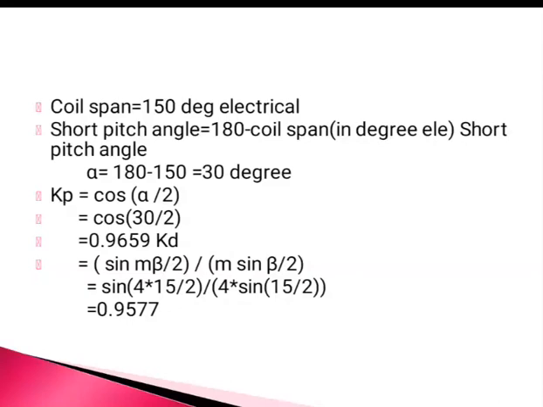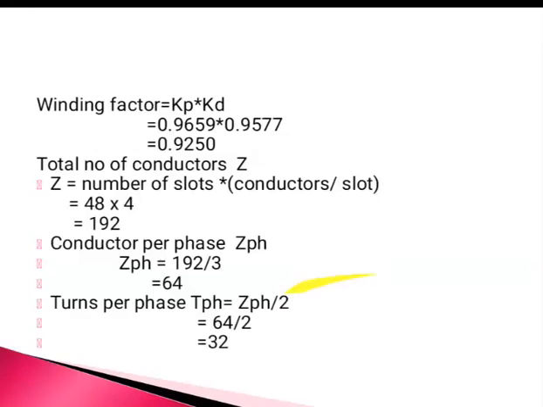Then Kd can be calculated as sin m beta by 2 divided by m sin beta by 2. Substituting the m value and beta, we got 0.9577. By substituting the Kp and Kd values in the winding factor, Kw is equal to Kp into Kd, we calculated the winding factor as 0.9250.